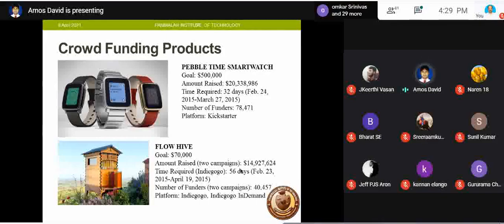The goal was only 500,000, that is $5 lakh or $500,000. But how much money have people invested in this idea? Just see how much. 2 million. $2 million they gave him to make this product a reality.